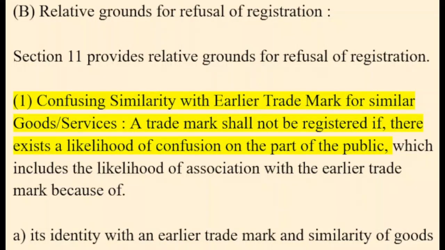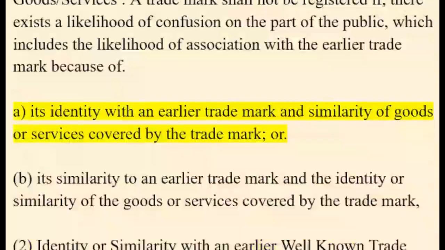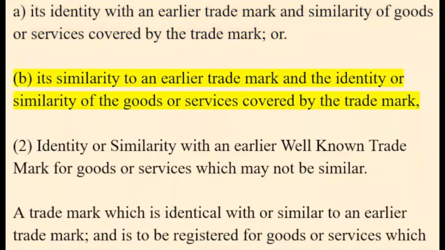A trademark shall not be registered if there exists a likelihood of confusion on the part of the public, which includes the likelihood of association with the earlier trademark because of a. its identity with an earlier trademark and similarity of goods or services covered by the trademark, or b. its similarity to an earlier trademark and the identity or similarity of the goods or services covered by the trademark.